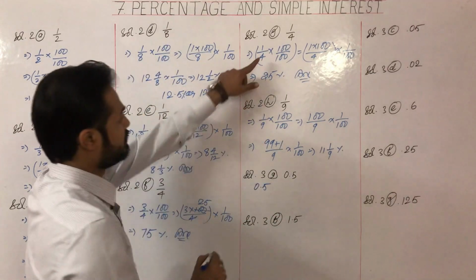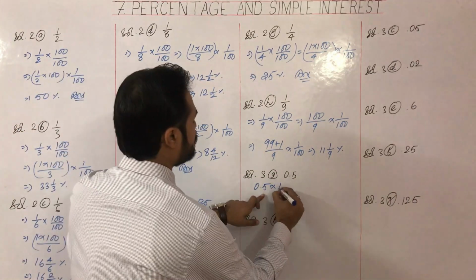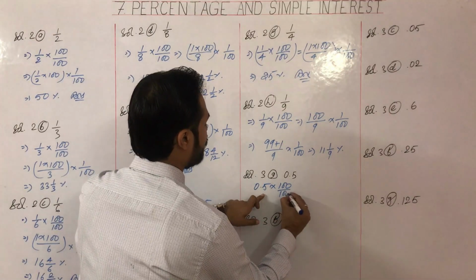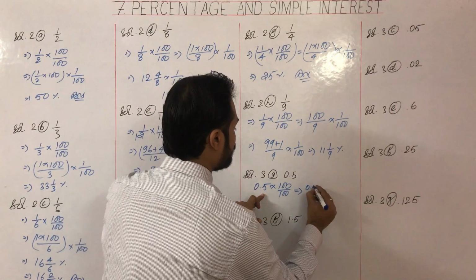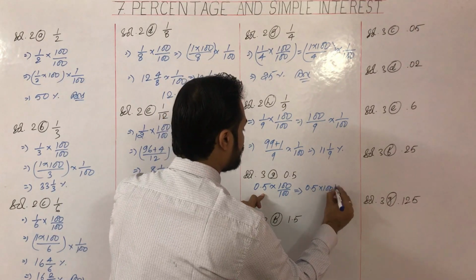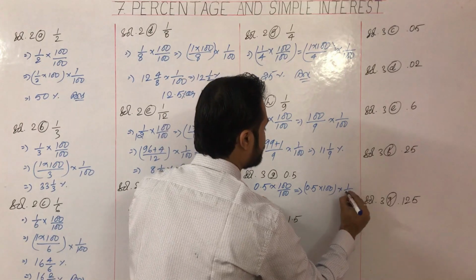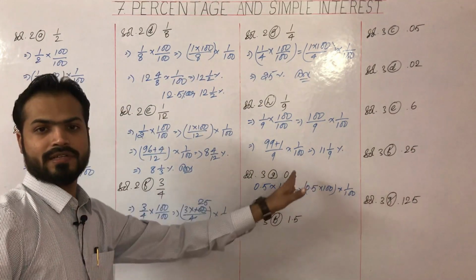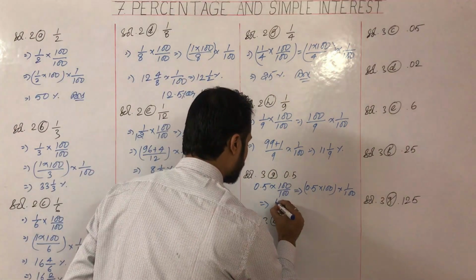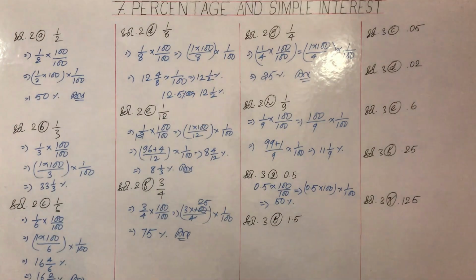Again, using this method, 0.5 into 100 by 100, or we'll write 0.5 into 100, first 100, and 1 by 100 separately, and 0.5 into 100, half of 100 is 50, 1 by 100 becomes percent. So 0.5 means 50%.